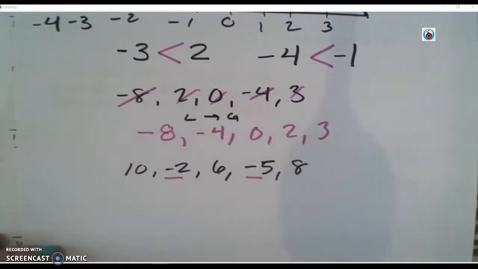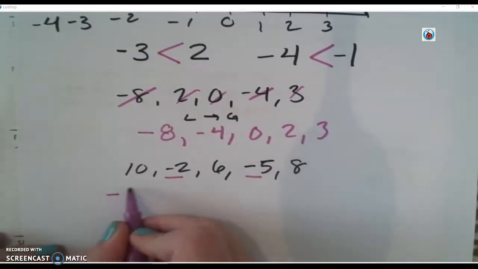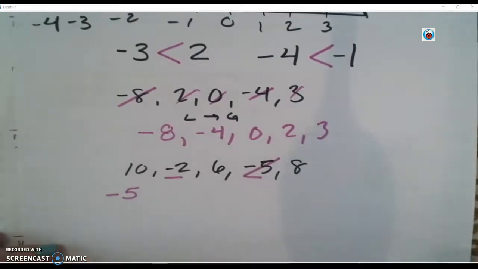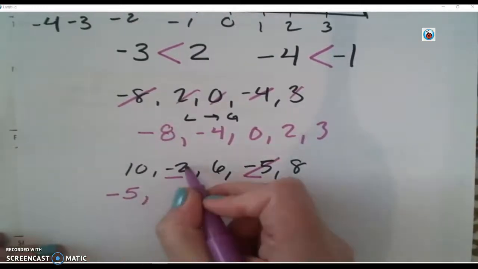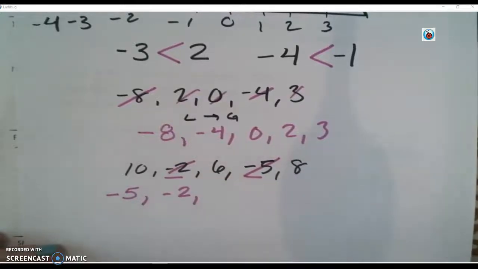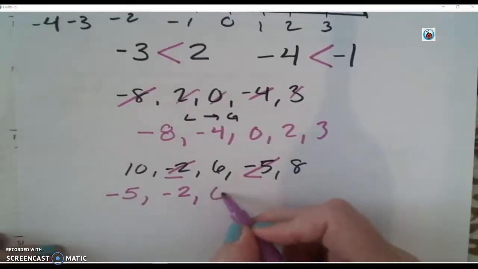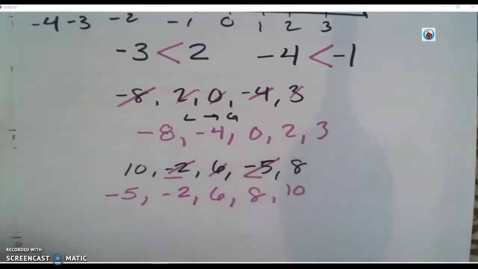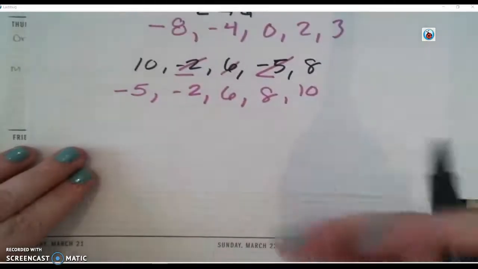So which negative comes first though? It's actually going to be -5 because I don't want to owe anybody $5. Then it would be -2. Now I can get to having money. $6, $8, $10.